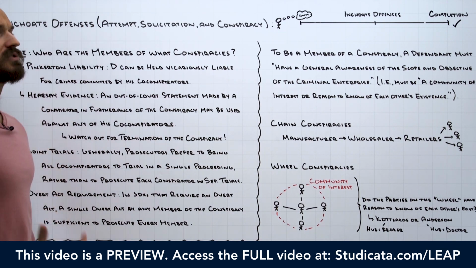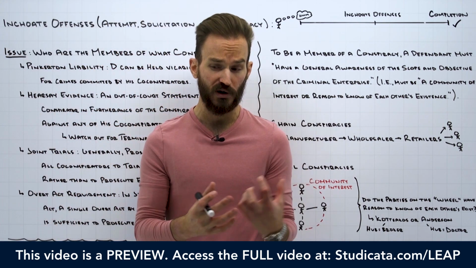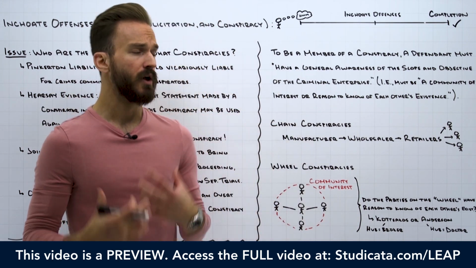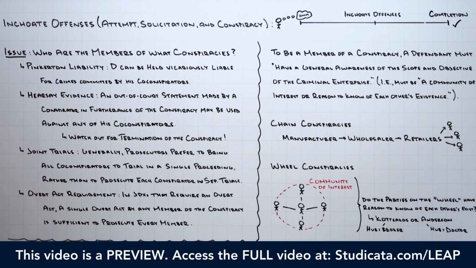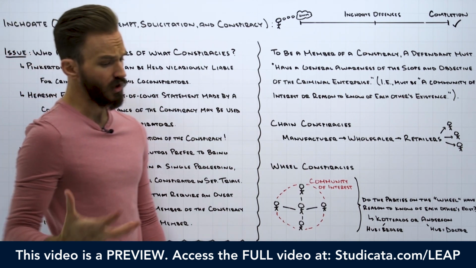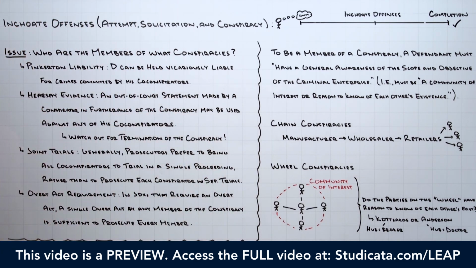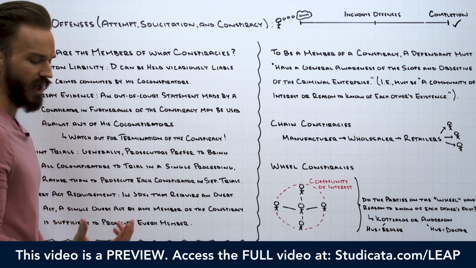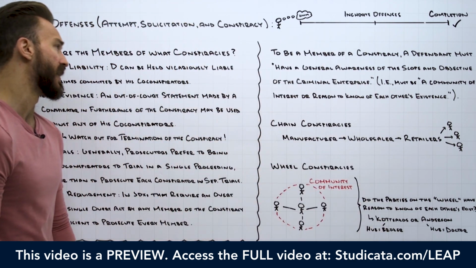This is maybe the most important reason we want to know who is in the conspiracy, who is not in the conspiracy. Because ultimately, a defendant can be held vicariously liable for crimes committed by his co-conspirators, so long as those crimes are foreseeable and in furtherance of the conspiracy. And we're going to talk about Pinkerton liability in more detail in our next lesson when we get to accomplice liability.